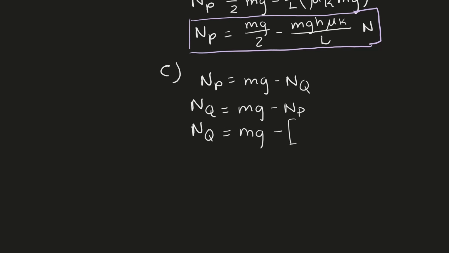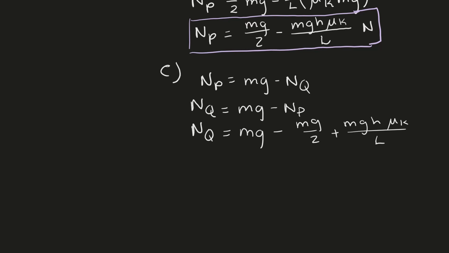So mg over 2 minus mgh mu k over L. So if we distribute that negative, I'll just get rid of the brackets here. A negative and a negative is a positive there.